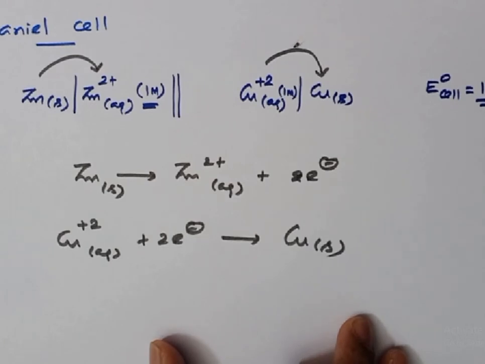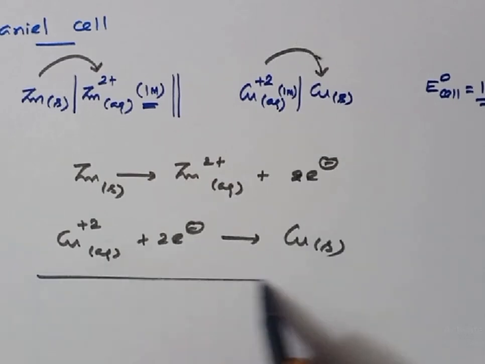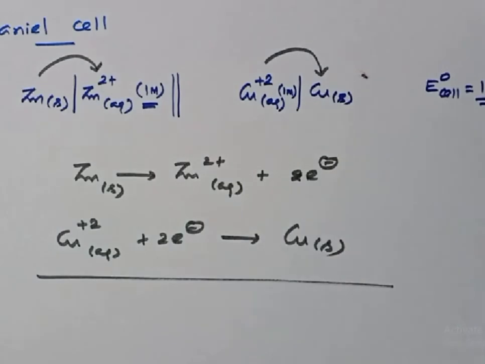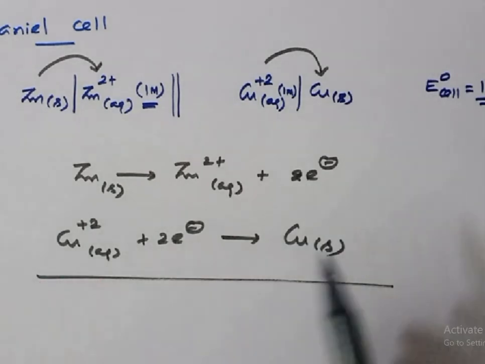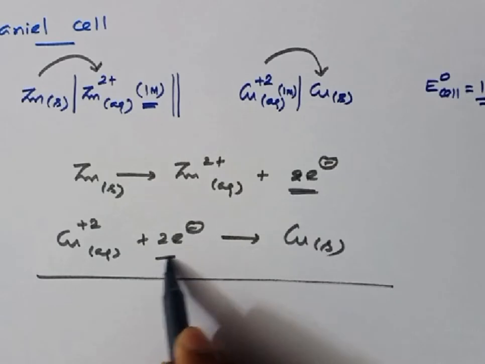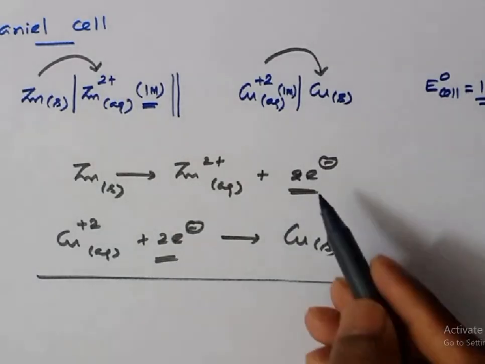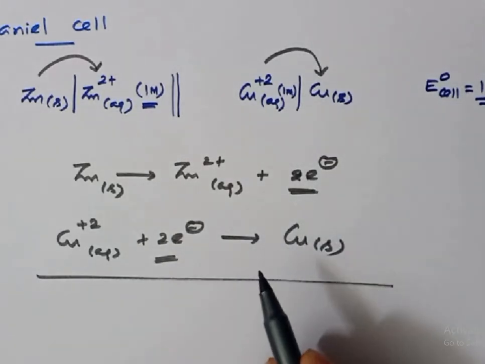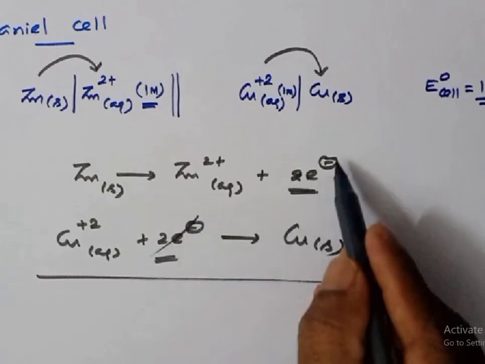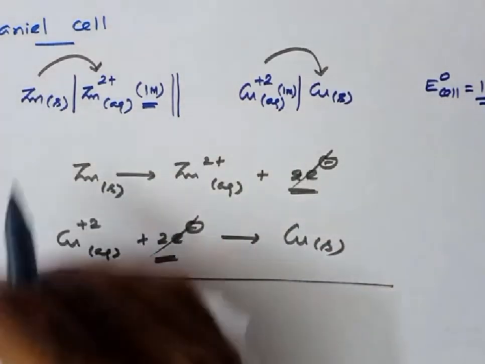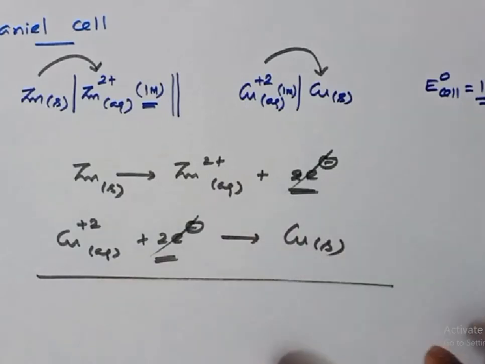Okay, then what is the overall reaction? The overall reaction is the sum of these two. Okay, students, while writing the overall reaction, see the number of electrons on both sides. In this case, the number of electrons on both sides is the same. So you can just cancel the two electrons, add the left hand side quantities and right hand side quantities and write as such.